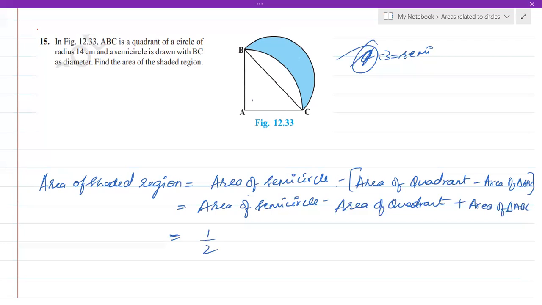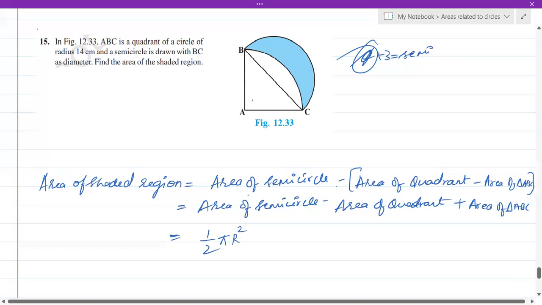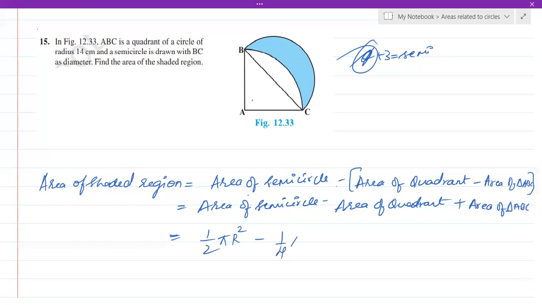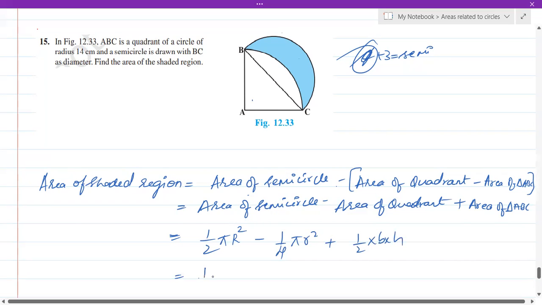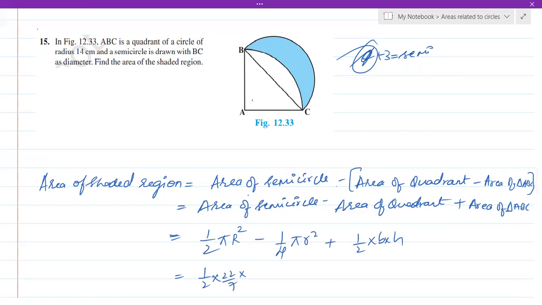The area of semicircle is half pi r square. I'll take it as capital R because there are two circles. One is the quadrant, another one is the semicircle. So I'll take capital R for semicircle, minus 1 by 4 pi small r square, plus the triangle formula, which will be half into base into height. So let's substitute half, pi value is 22 by 7. Now this capital R is the radius of the semicircle, but they have given BC as the diameter of the semicircle.